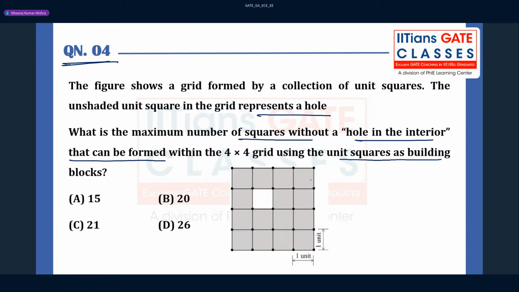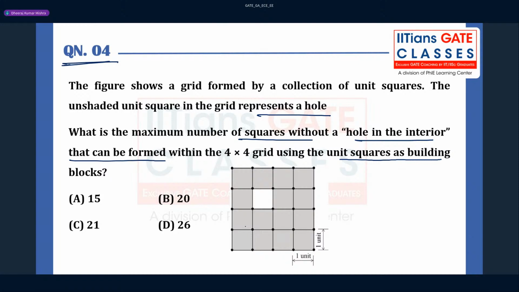So first of all, you can find the total number of squares. Since it is a square matrix, 4 by 4, you can forget about this hole here, right? So it is a 4 by 4 grid, understand? It is a very good question that is given here, right?